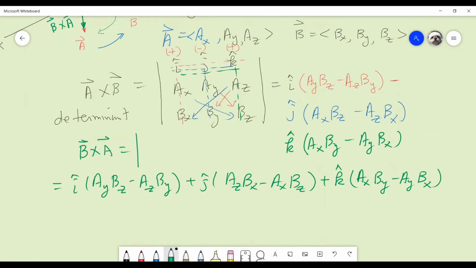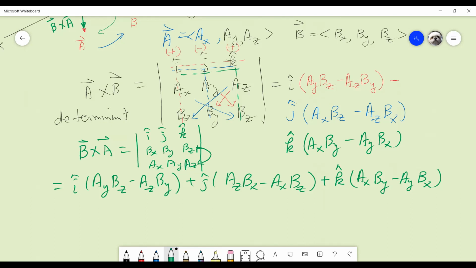I'm talking about when we cross multiply in the matrix, like you see for I, it's AY times BZ minus AZ times BY. It can't be AZ times BY. If you swap it, you get a negative sign. So A cross B is not equal to B cross A, because I have two rows that exchange.